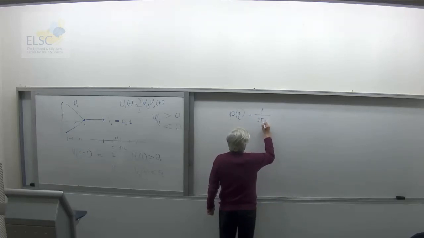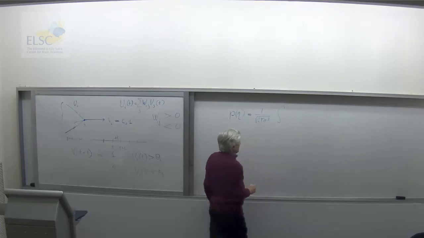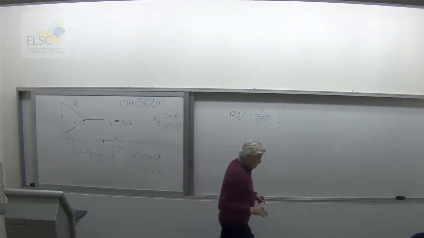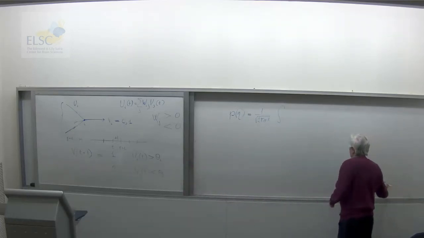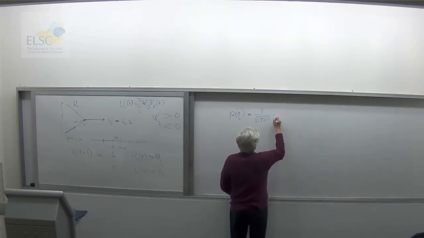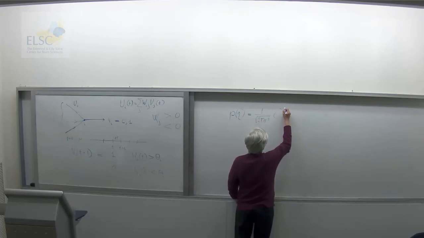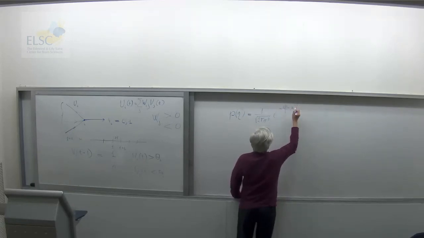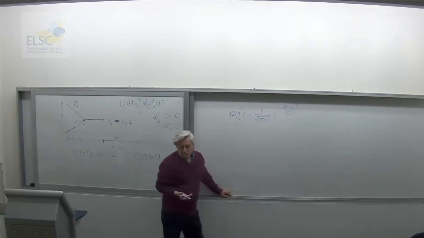Let me just write the expression for the probability: e to the minus (eta minus mu) squared over sigma squared. So this is the probability distribution.